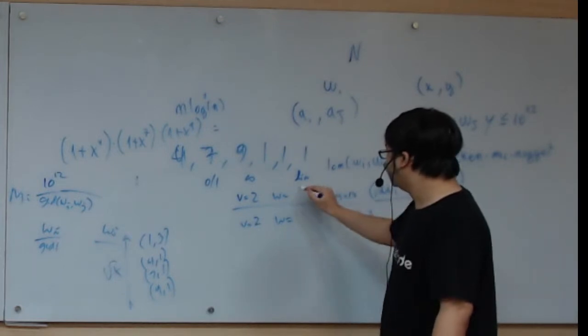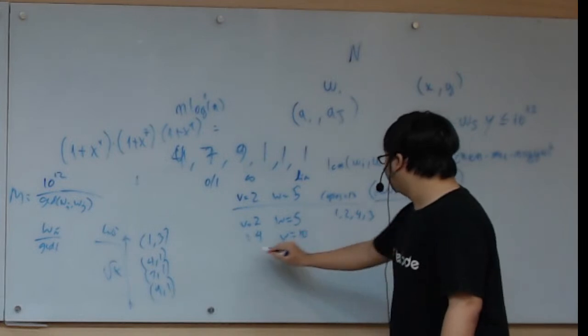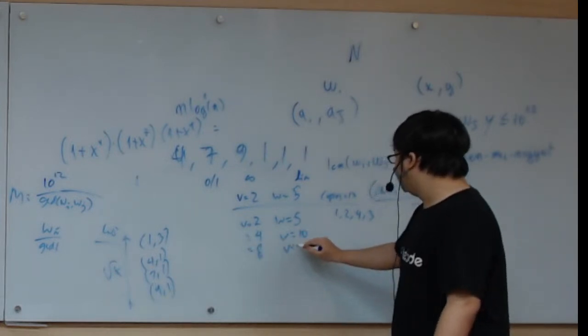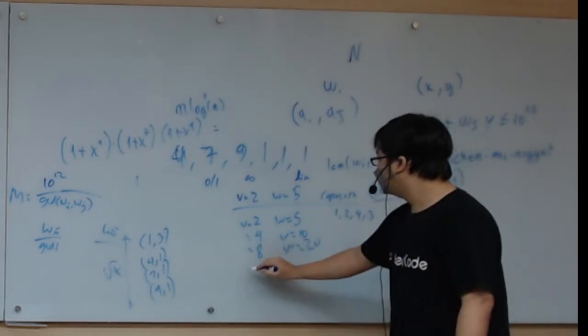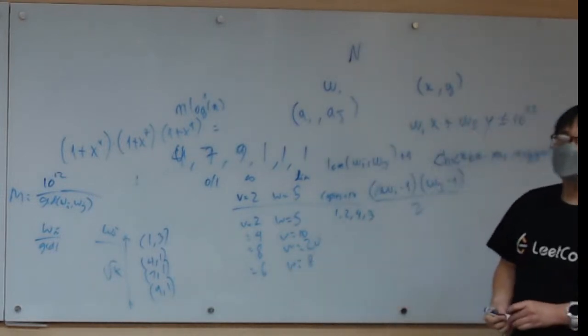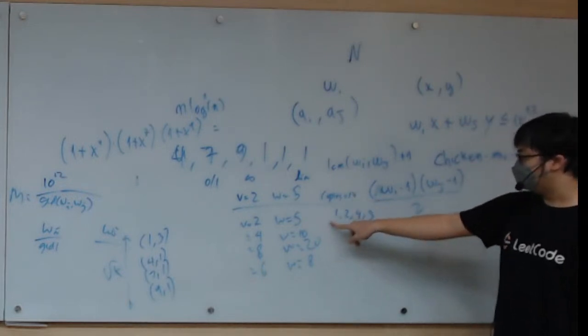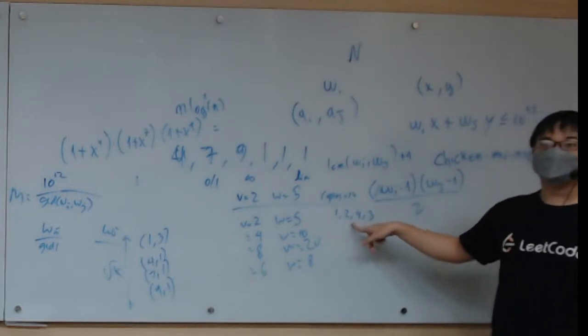Let's not use 4, use 5: value 2, weight 5, then value 4, weight 10, value 8, weight 20, value 6, weight 8. Because any number between 0 and 10 can be achieved by some subset of these.